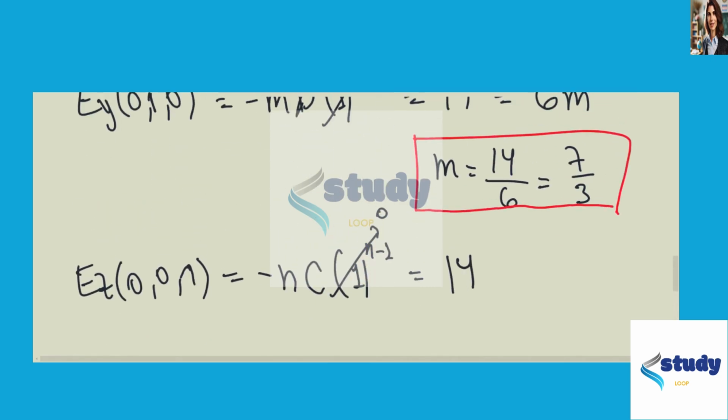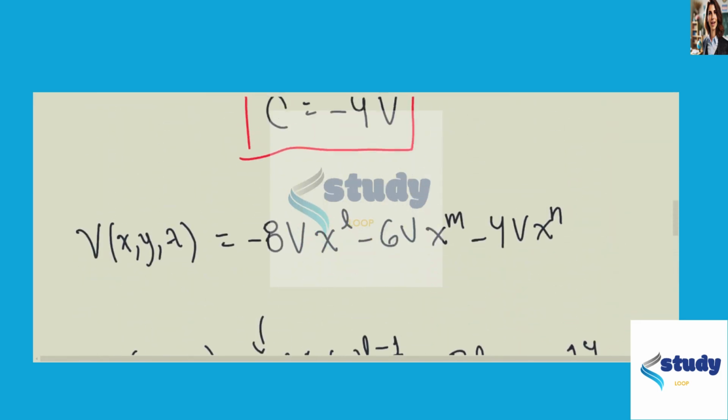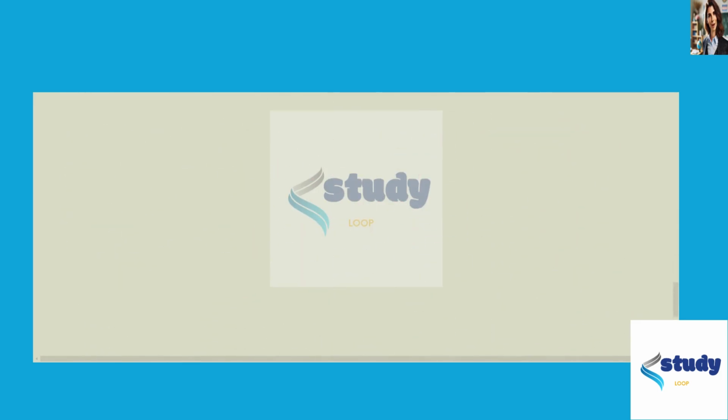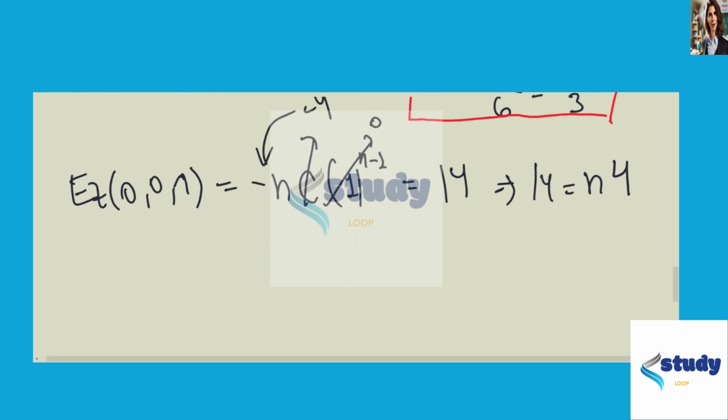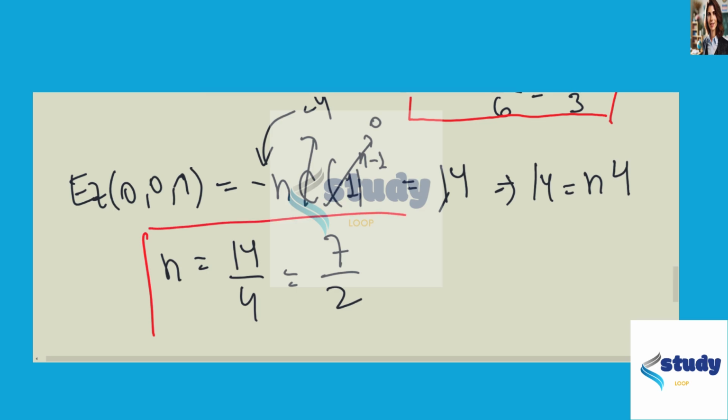So we will have 14, and we know the value for c, which is minus 4. Again the minus signs cancel, so 14 is equal to 4n, so that n is equal to 14 over 4, which we can simplify as 7 over 2. So these are the values for L, M, and N.